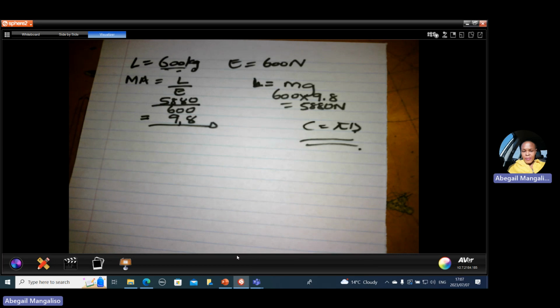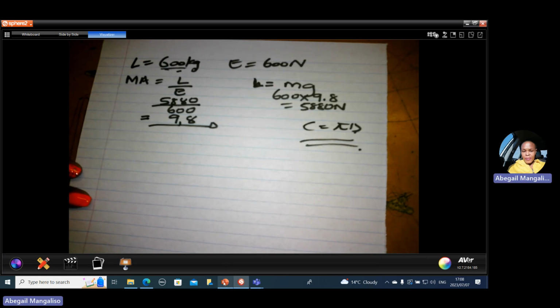So even if we change to diameter, it's still going to cancel out because they are all the same. Now, there was a question where the effort drum was given as circumference and the axles were given as the diameter. So in that case, you need conversion because you cannot work with circumference and diameter. They are not equal.